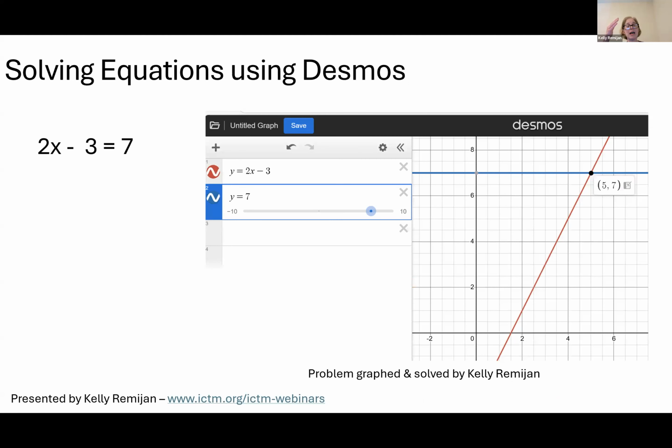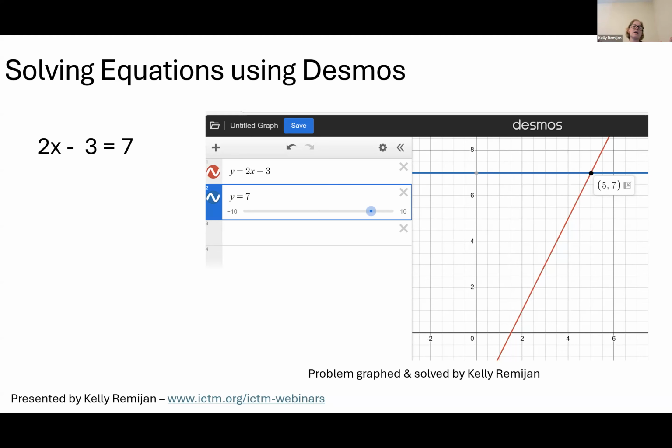Desmos, this would be more for 8th grade and up. Solving the equation 2x minus 3 equals 7. If you're teaching 8th grade or high school, I would highly recommend starting to use Desmos because Desmos is being used on the ACT and it's a game changer for the ACT. And so solving this equation is really just graphing 2 equations, graphing the left side as y equals 2x minus 3 and the right side as y equals 7.